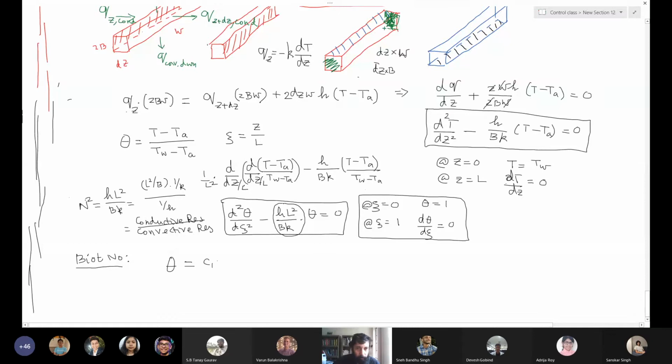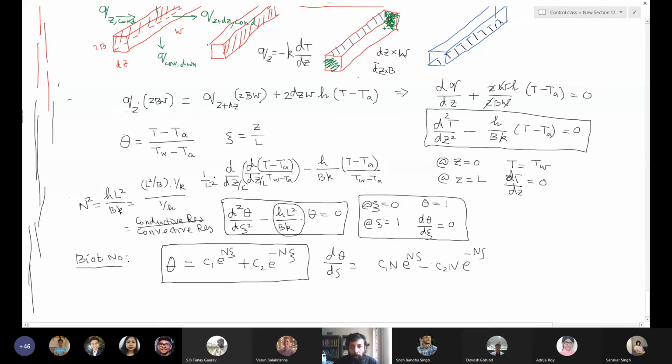The solution is C1 e to the power n zeta plus C2 e to the power minus n zeta. Because the boundary condition has d theta d zeta, let us also write d theta over d zeta equals C1 n e to the power n zeta minus C2 n e to the power minus n zeta.